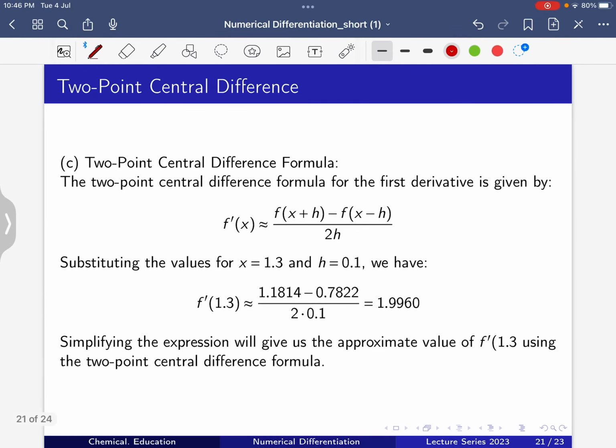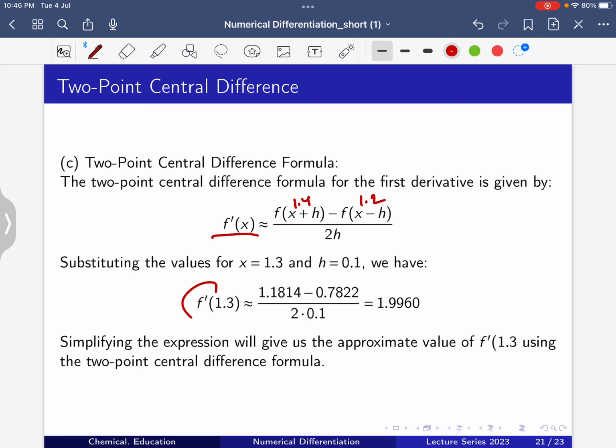Now if I calculate the first order derivative by central difference, it is f(x+h) minus f(x-h) divided by 2h, where x is 1.3 and h is 0.1. So we need f at 1.4 and 1.2. From the data, at x equal to 1.4 the function value is 1.1814, and at x equal to 1.2 the function value is 0.7822, divided by 0.2.